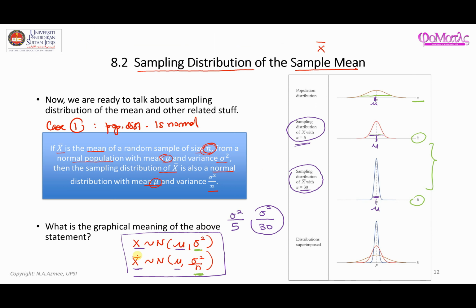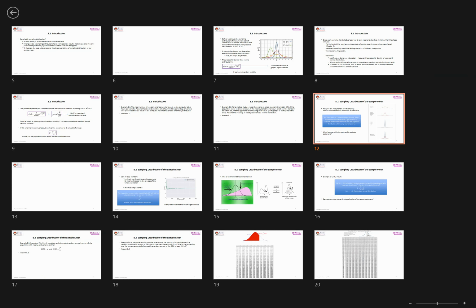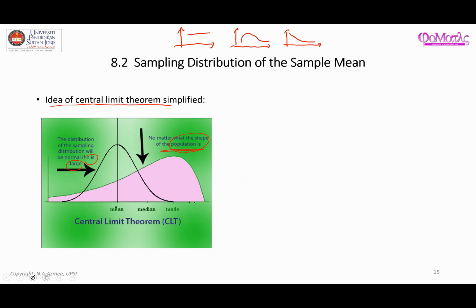Then what is the sampling distribution of x bar? x bar is automatically going to be normal with mean mu and variance sigma squared over n. Now we might have other sorts of population distribution. In this case, it doesn't matter what the shape of the population is. It can be uniform, it can be skewed to the right, it can be exponential, doesn't matter.